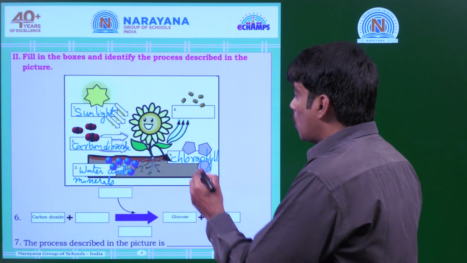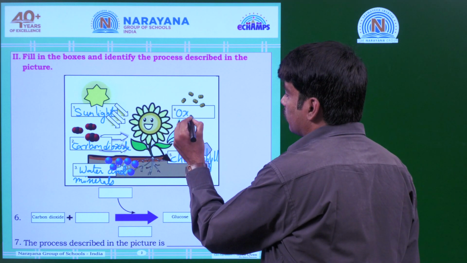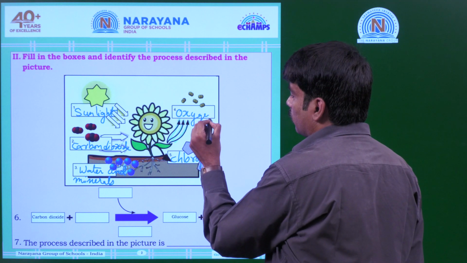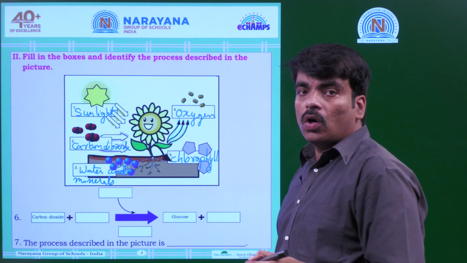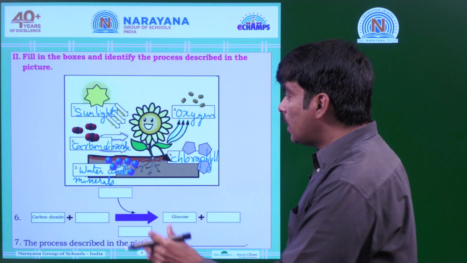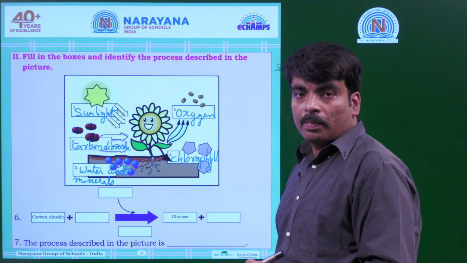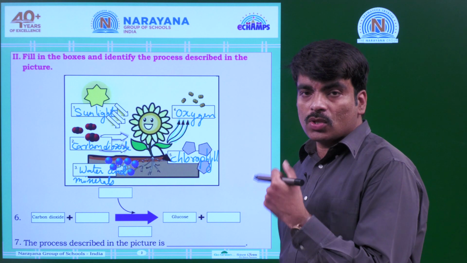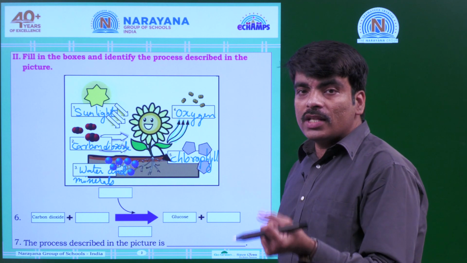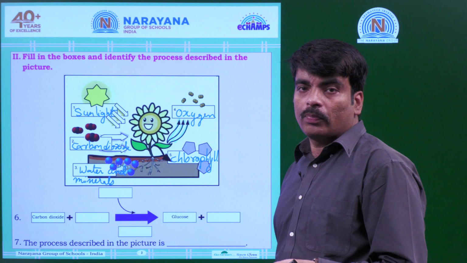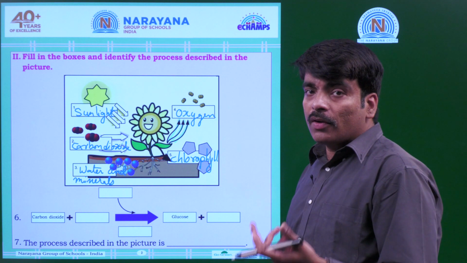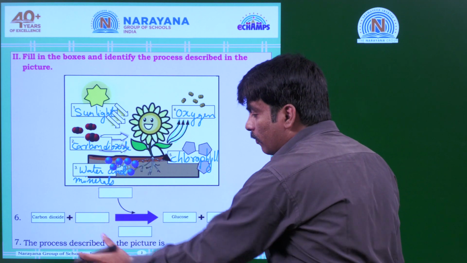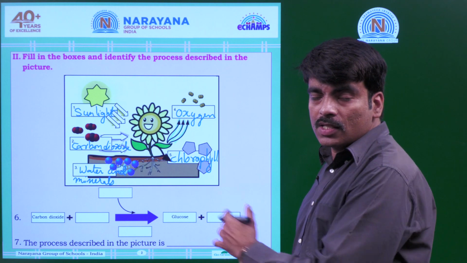Yes, it is oxygen. So all these are absorbed by the plant, and a reaction takes place in the leaf in the presence of chlorophyll, and food is prepared by the plant. What is the food prepared and what happens here? We will fill this in these boxes.